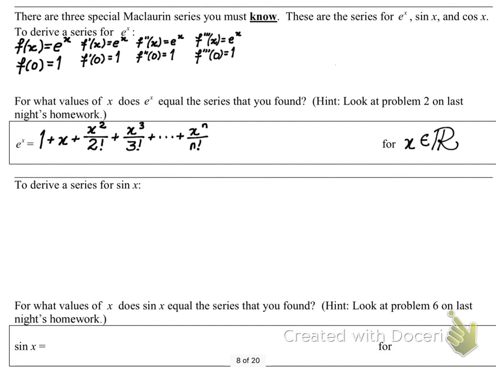So when we derive a series for e to the x, we just look at the original function, the first derivative, second derivative, third derivative, and then we create a general term.